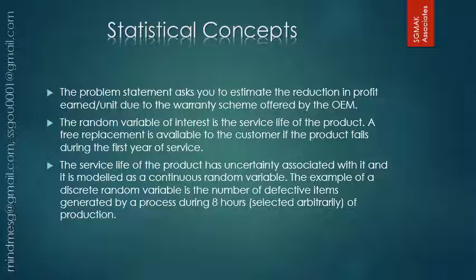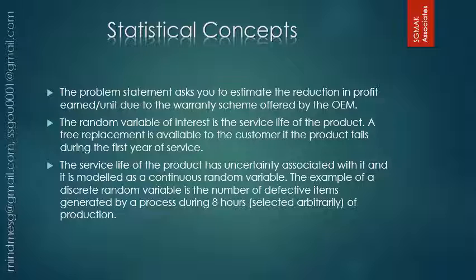So in this case, we will treat the service life of the product as a continuous random variable. It has randomness associated with it. It's continuous in nature because you are measuring time, how long it takes for the next failure to take place. In our case, the first failure.